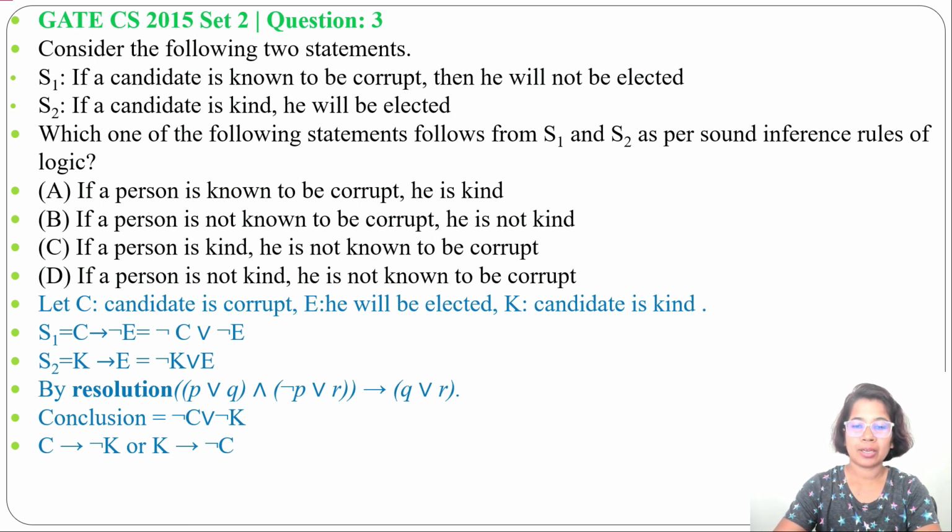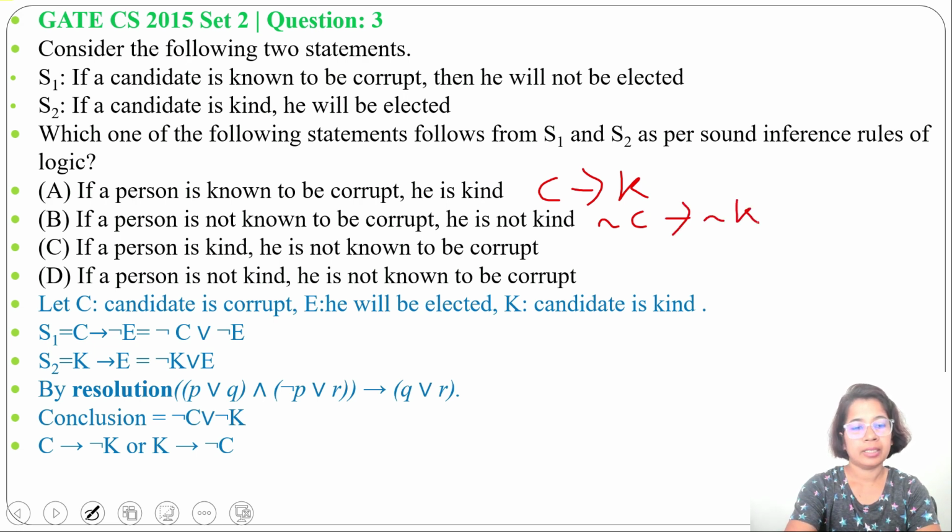So if he is corrupt, he is kind means C implies K. Next option B, if a person is not known to be corrupt, means negation C, then he is not kind, implies negation K. Then option C, if a person is kind, K implies he is not known to be corrupt, so implies negation C. Next option D, if a person is not kind, so negation K implies he is not known to be corrupt, negation C.